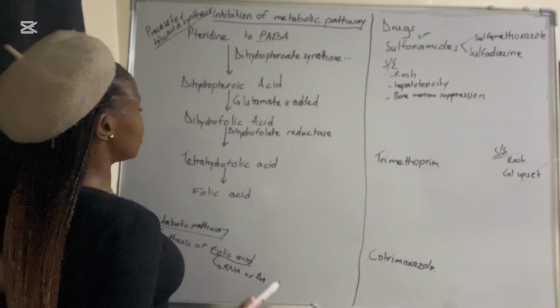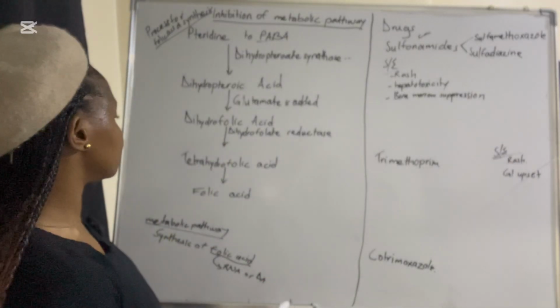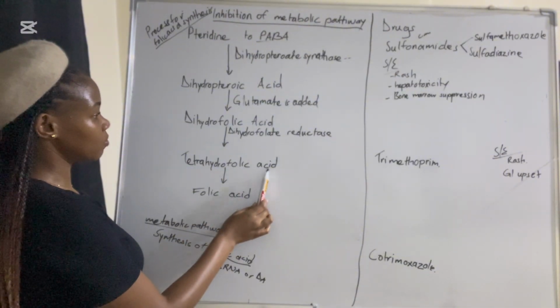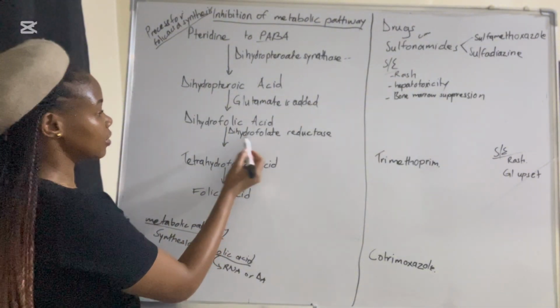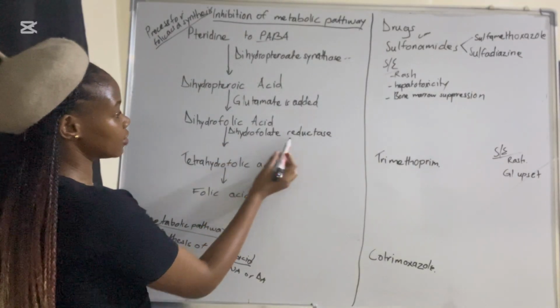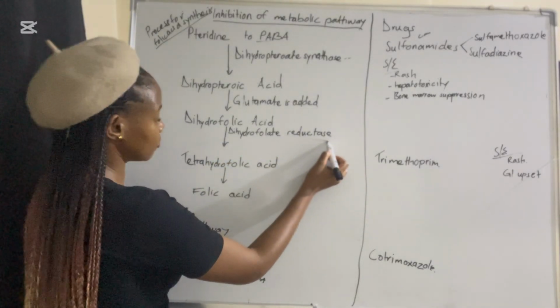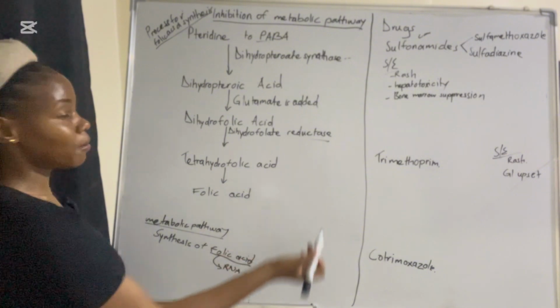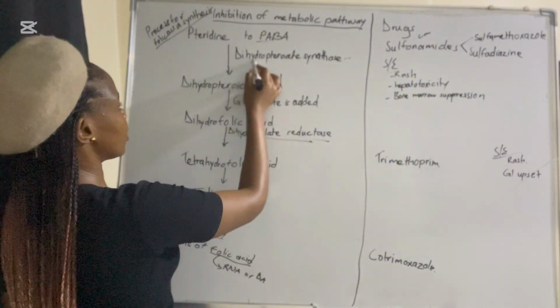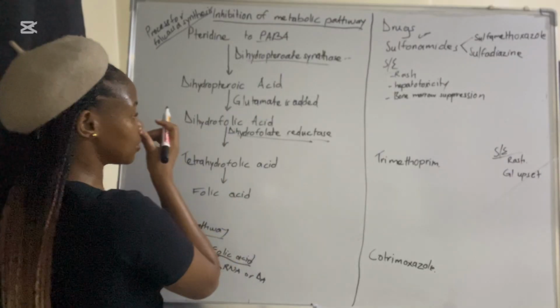dihydrofolic acid. Now, this dihydrofolic acid is converted to tetrahydrofolic acid with the help of an enzyme, dihydrofolate reductase. Our main two enzymes are dihydrofolate reductase and dihydropteroate synthase.